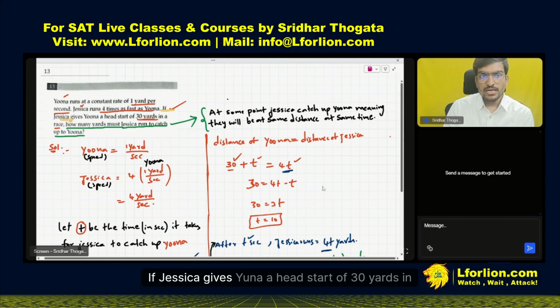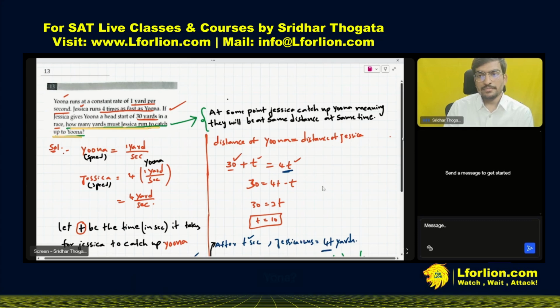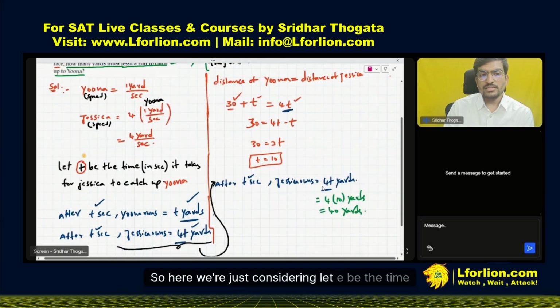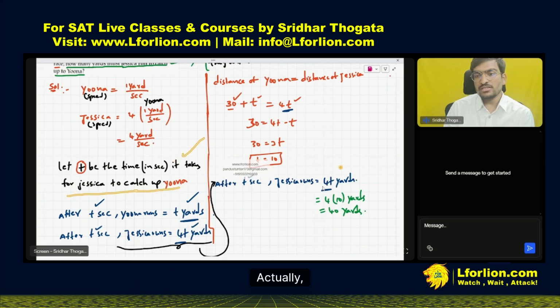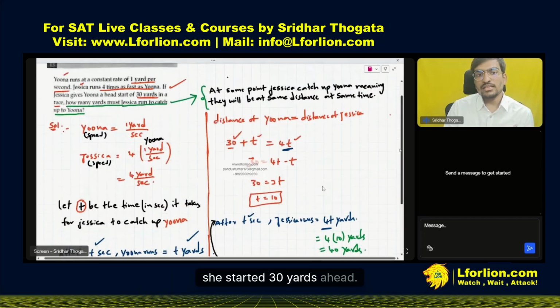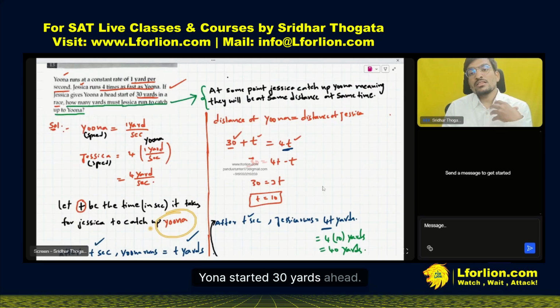If Jessica gives Yona a head start of 30 yards in a race, how many yards must Jessica run to catch up to Yona? So here we're just considering, let T be the time it takes for Jessica to catch up to Yona. Actually, Yona started 30 yards ahead.